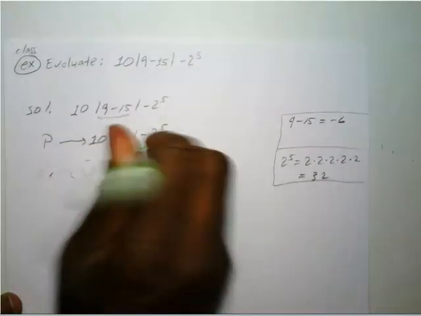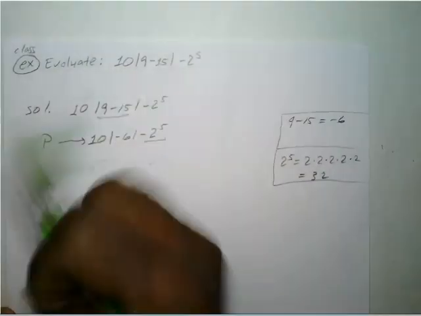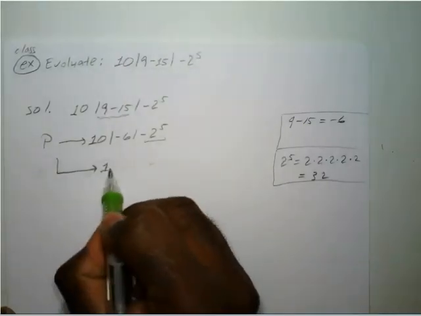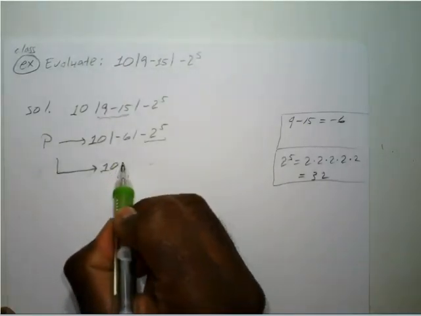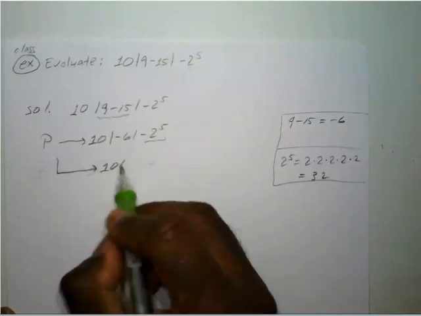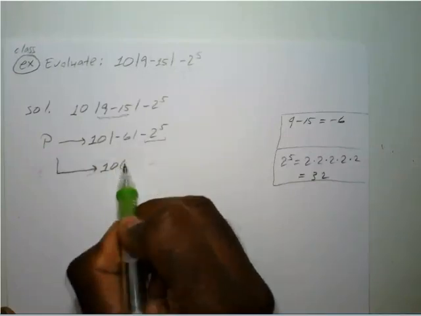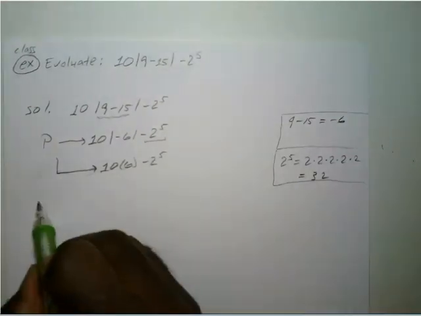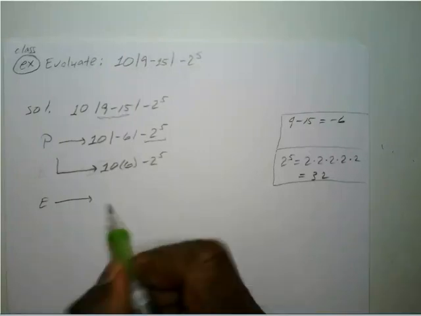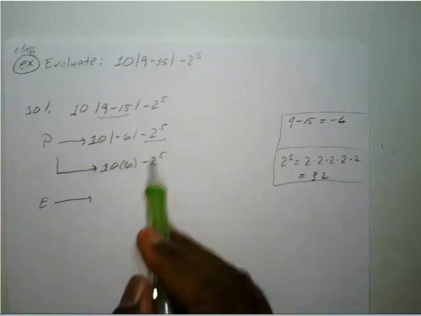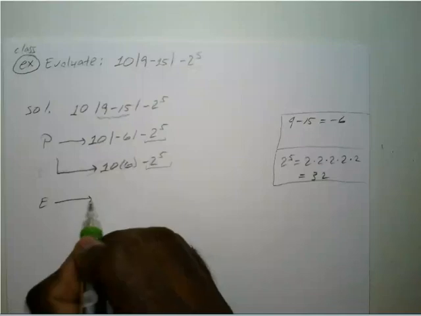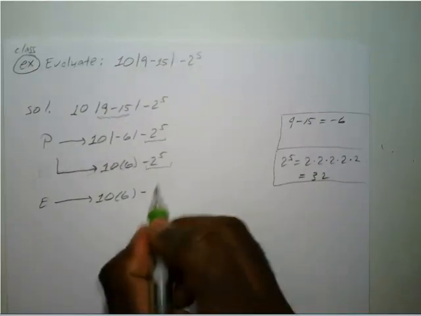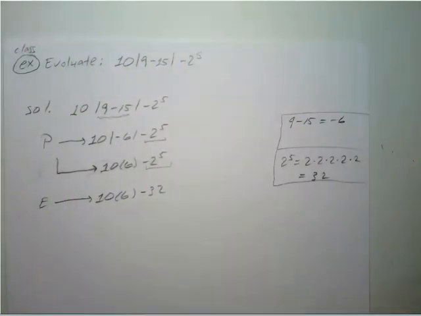I'll go ahead and finish this up first. Okay, because this actually becomes 10. The absolute value of negative 6 is positive 6. And we could have done that later, but I want to stay on track. The absolute value of negative 6 is positive 6 minus 2 to the 5th. There we go. So now we go to the exponent, which is 2 to the 5th power, which is 32. So we have 10 times positive 6 minus 2 to the 5th power, which is 32.